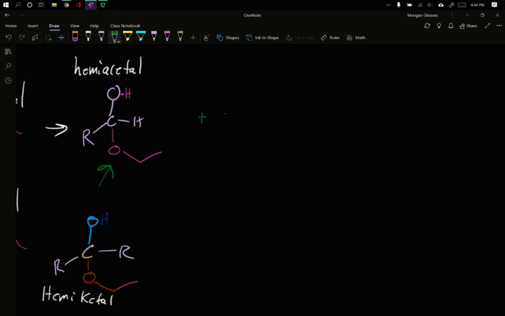If you were to add another alcohol, we'll say methanol, and usually it's the same as the original alcohol, but just for visual purposes here. Well, this oxygen on this alcohol can still attack that carbon. What will happen over time, as this happens, eventually it will displace the OH that we've drawn on top.